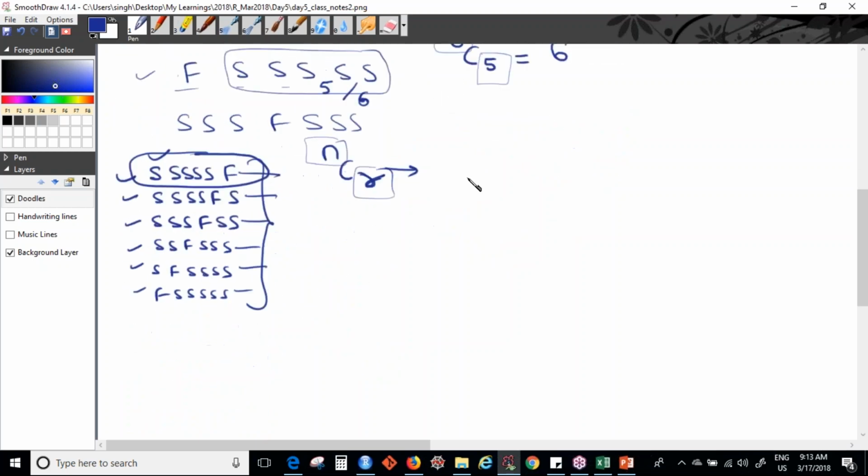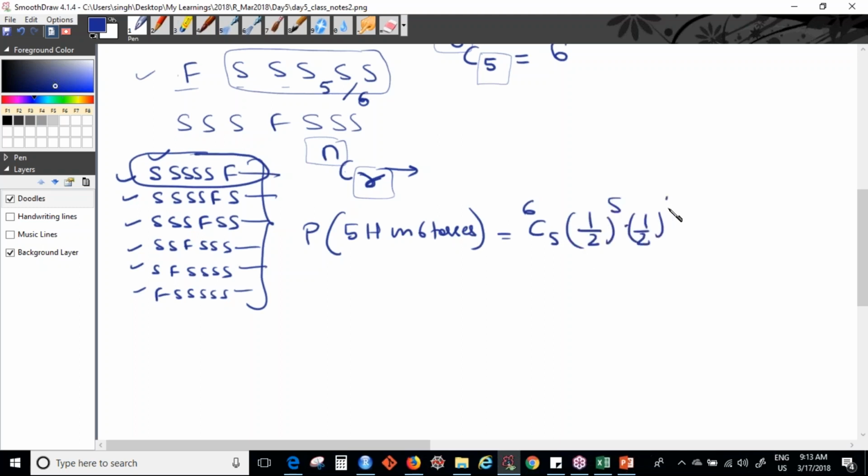So the final answer for the probability of getting 5 heads in 6 tosses is 6C5 into 1 by 2 to the power 5 into 1 by 2 to the power 1. I'm just writing the answer in a slightly different way. Okay, so this is the probability of getting 5 heads in 6 tosses of a coin.